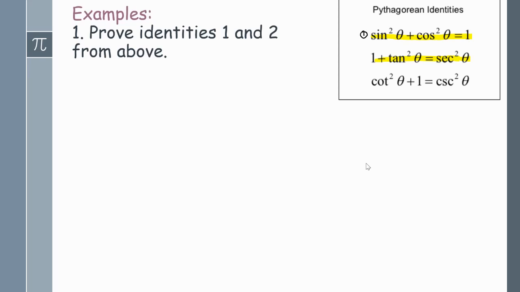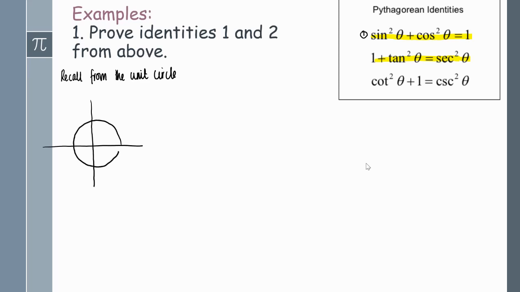To prove the first identity, we're going to review a little bit about the unit circle. So draw down a unit circle, looking something like this. The radius is 1, so it hits my axis at (1, 0), (0, 1), (-1, 0), and (0, -1).